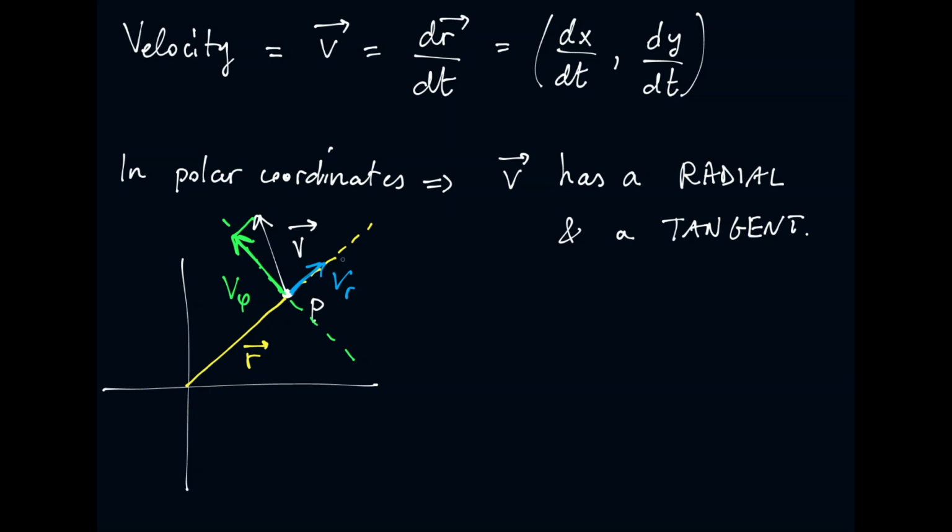As it turns out, the radial velocity is none other than the rate of change of r, the magnitude of this vector r. Maybe unsurprisingly, this is the radial velocity.